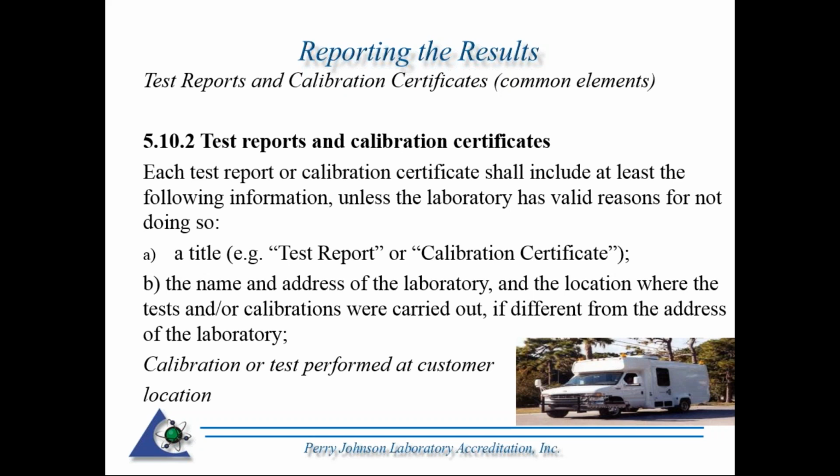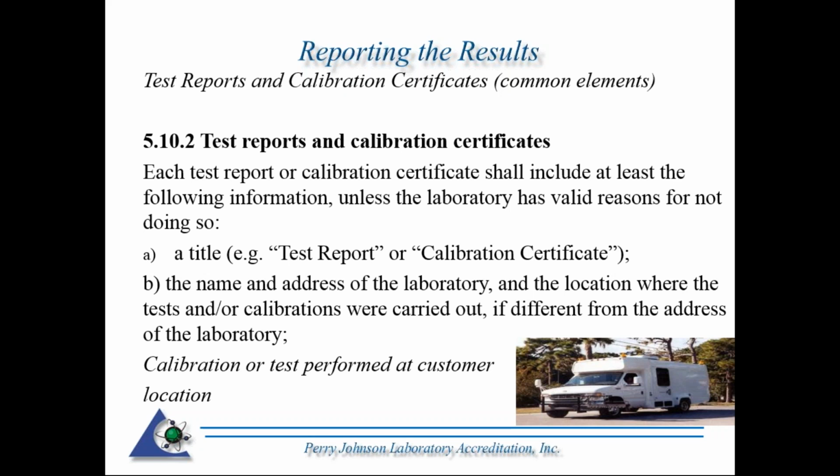So a couple things there. You're the laboratory performing a calibration. If it's done at your fixed location, you need to have, of course, your address there. So that's what I'm getting to here at the next part of section B: if different from the address of the laboratory. These could be considered calibrations that are done at the customer site.